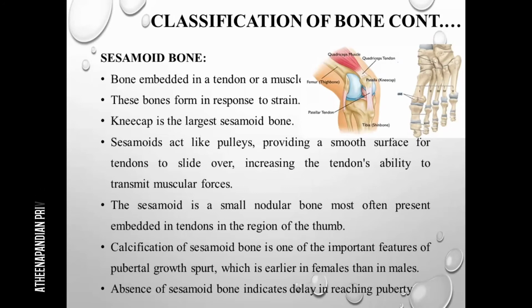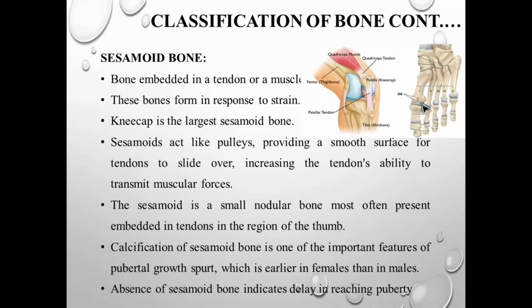This is not the only factor deciding puberty, but approximately we can find out if there is an absence of sesamoid bone, the person might attain puberty late. There are a lot of hormonal reactions involved, but this sesamoid bone also has some link to attaining puberty.